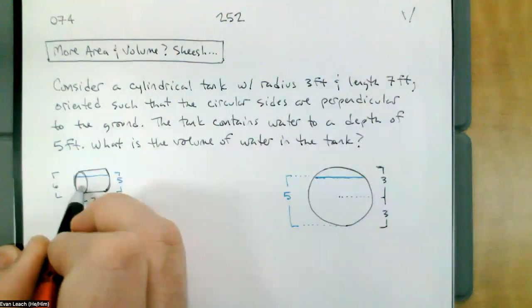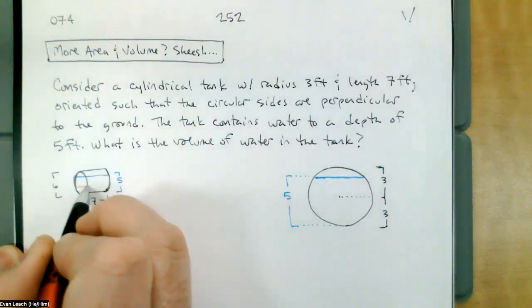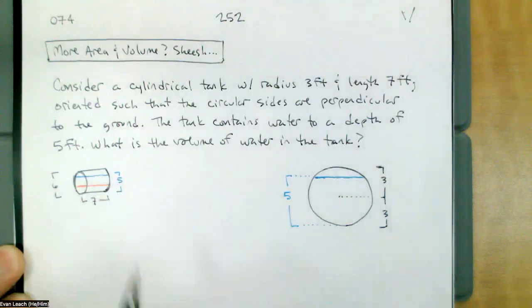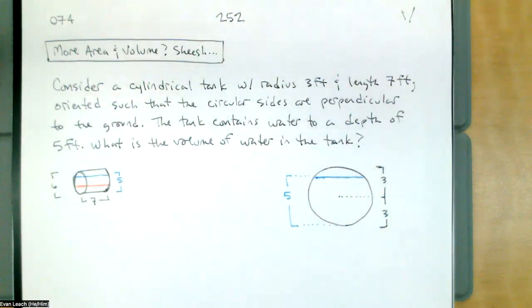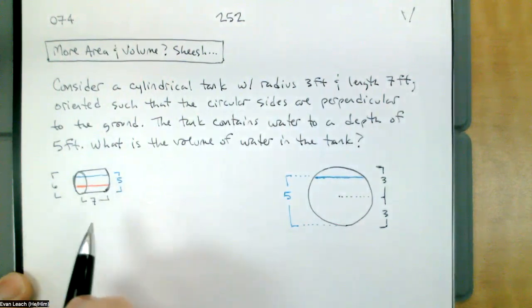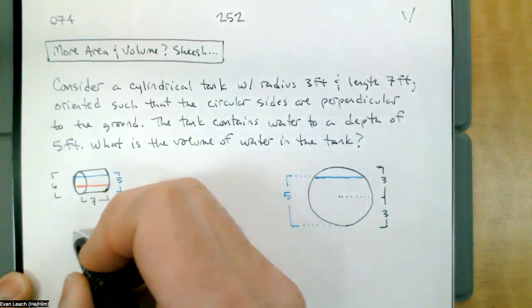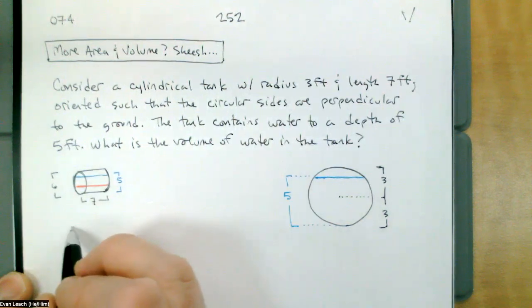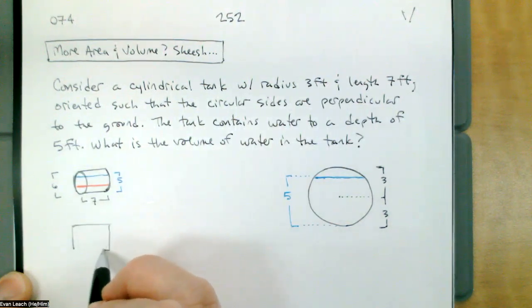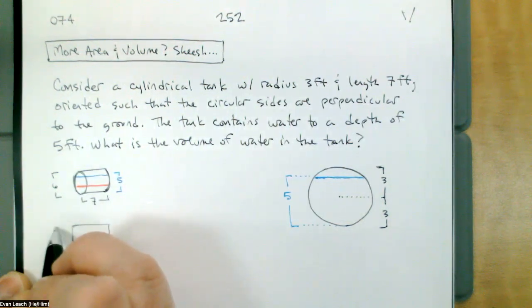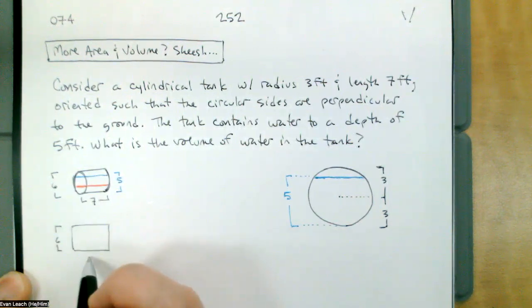Now, if we slice this horizontally and then draw this at a 3/4 view, if you draw the top view of the cylinder, it's just a rectangle, where there's 6 going this way and 7 going this way.